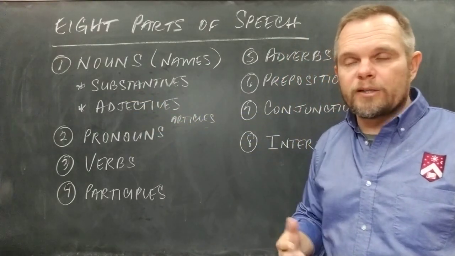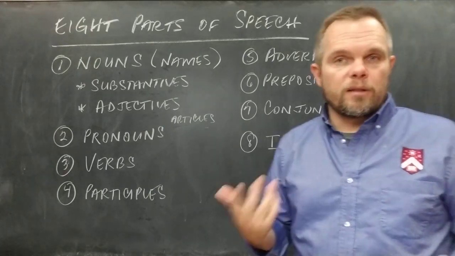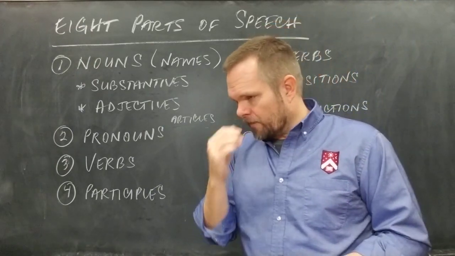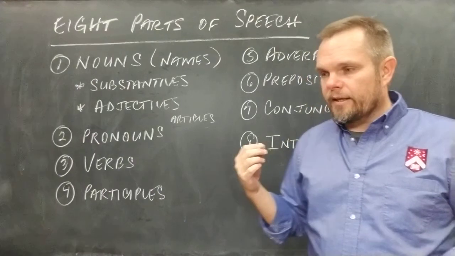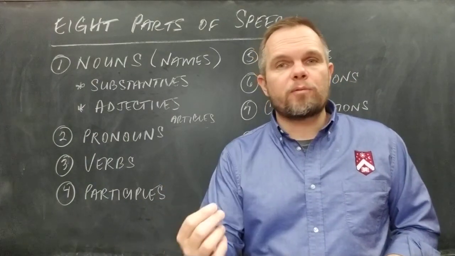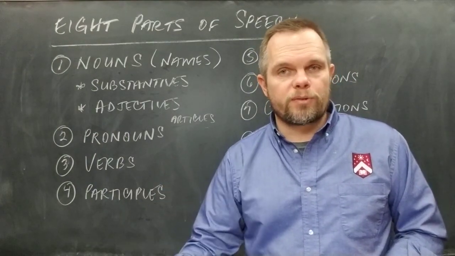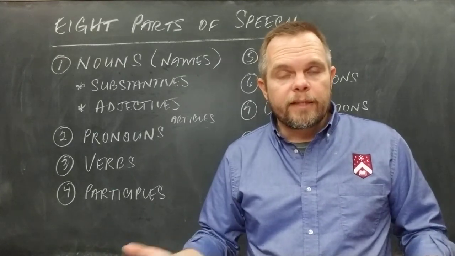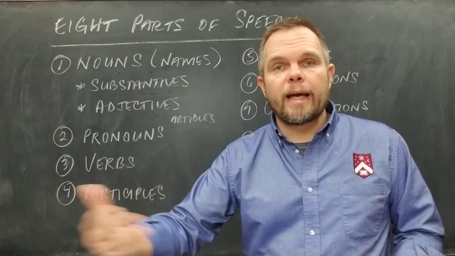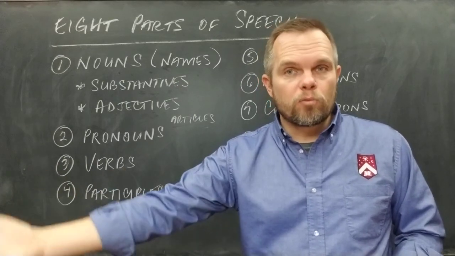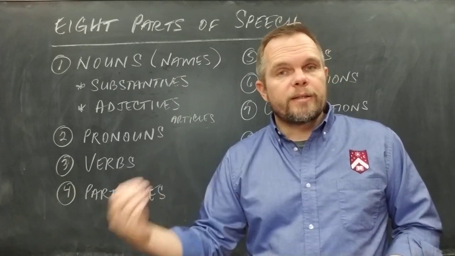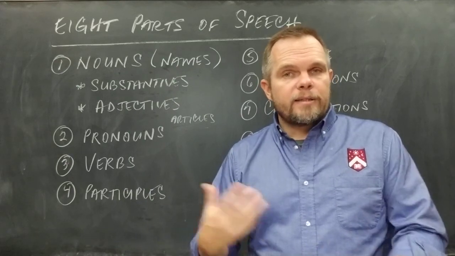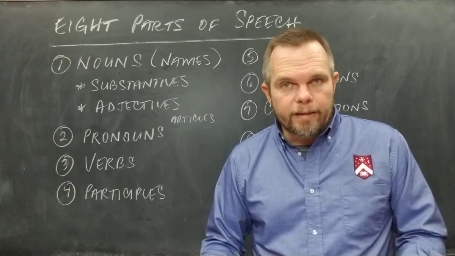And the reason why is because articles are like adjectives in the sense that if I say, give me a rose, a really means one or any. Give me any rose, give me a rose, give me some rose. So you can see that the word a has the same meaning as one or any or some.